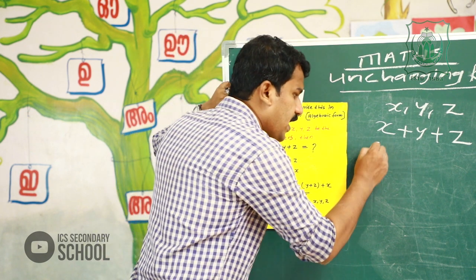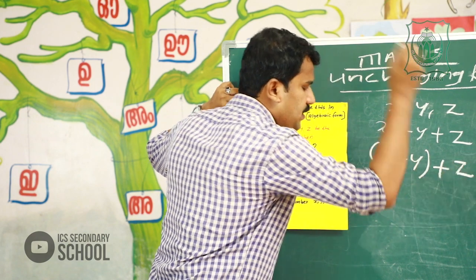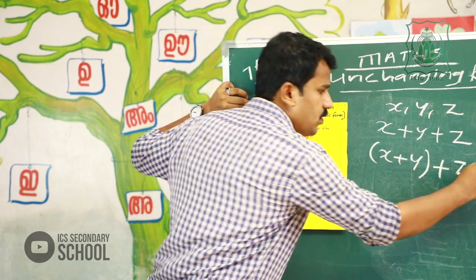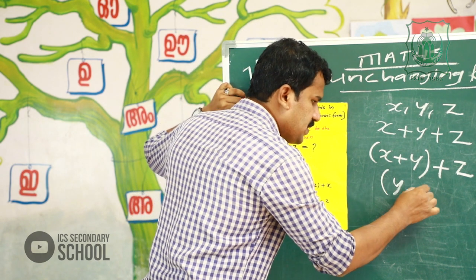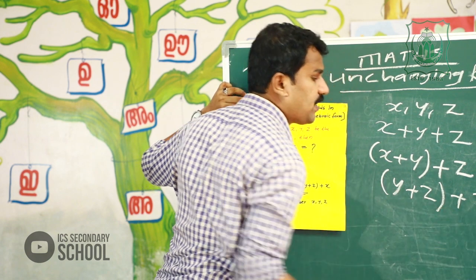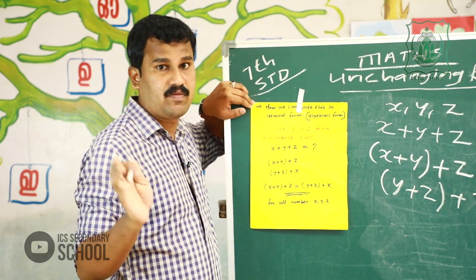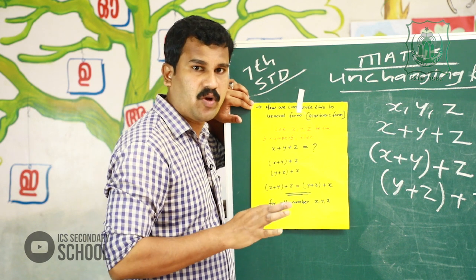So first we can write x plus y plus z, and also we can write y plus z plus x. The two methods' answer is the same, and we can solve the problem.